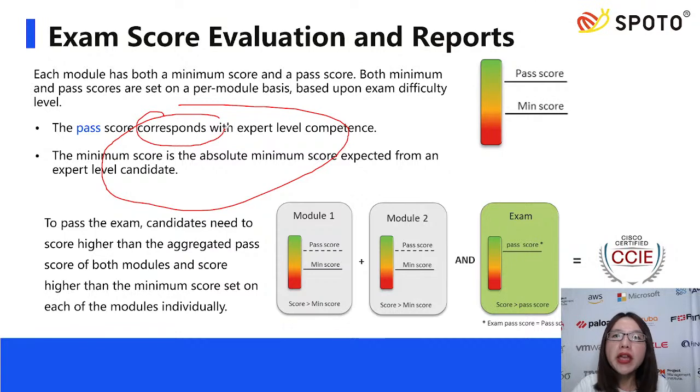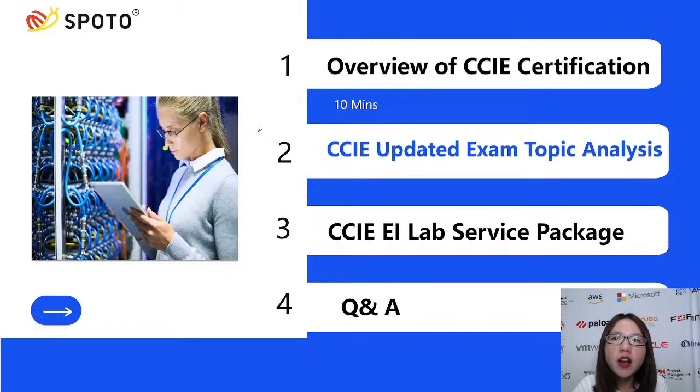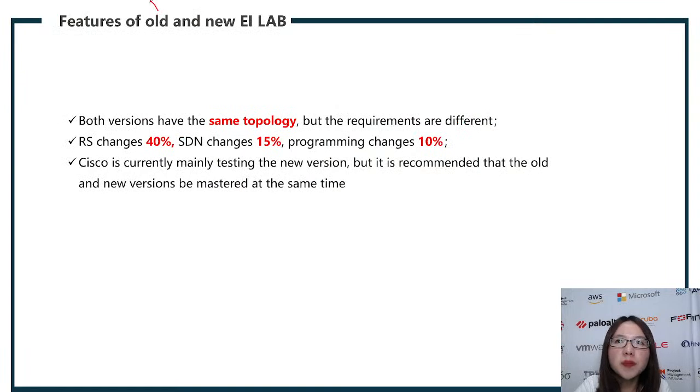Alright, we have talked about the CCIE Lab exam overview. Now let's go deep into the key point today, CCIE EI Lab exam topics and analysis. So today we mainly introduce the difference between the old and the new EI Lab versions.